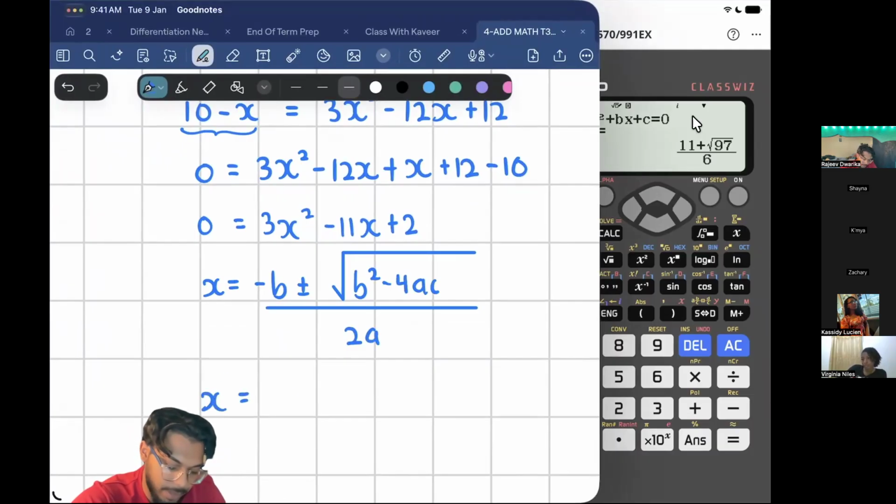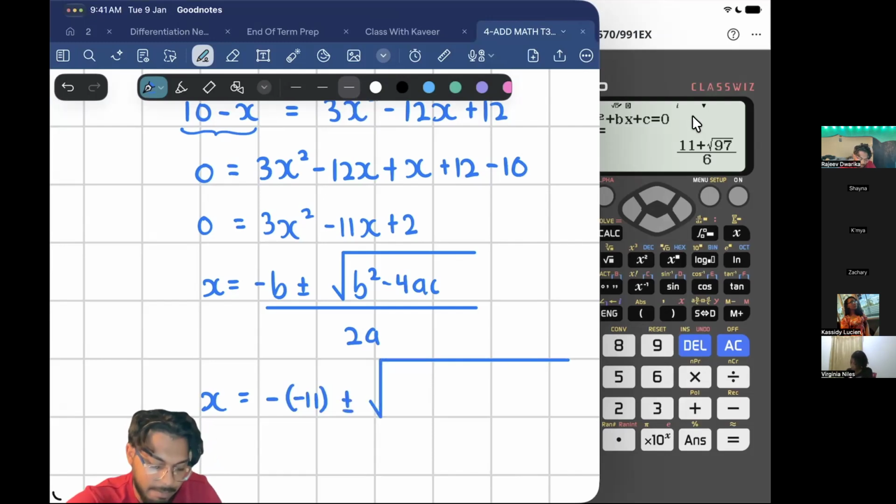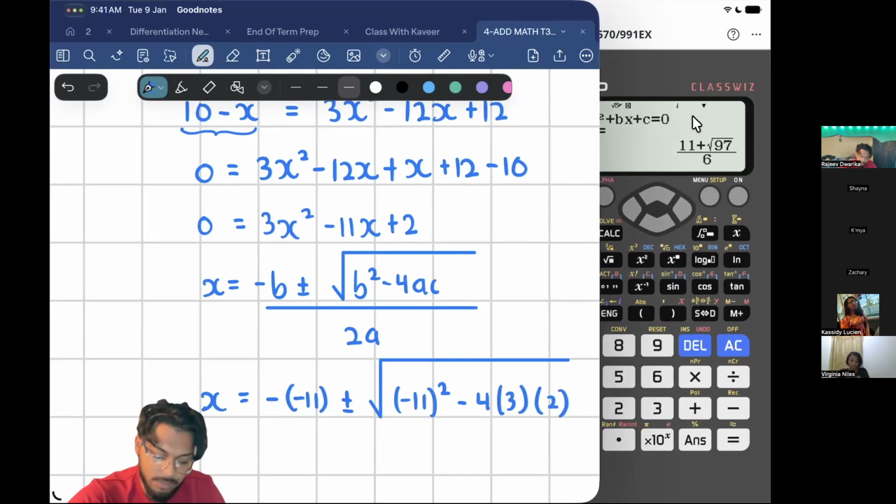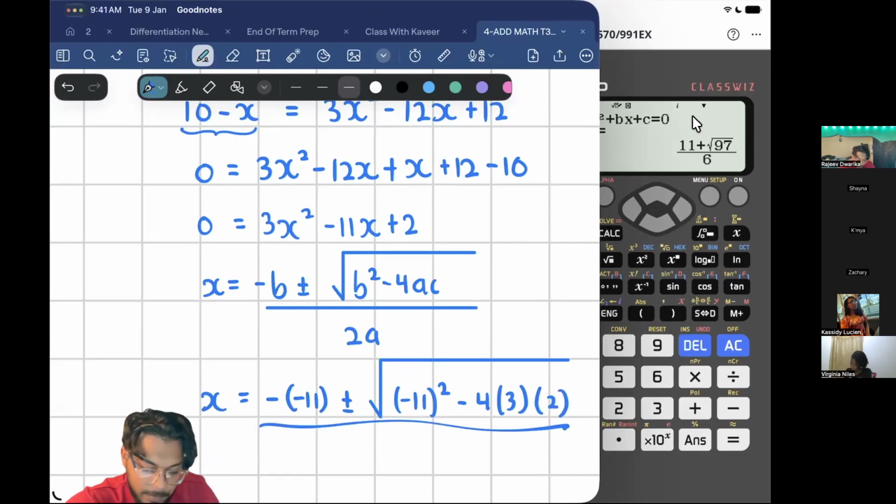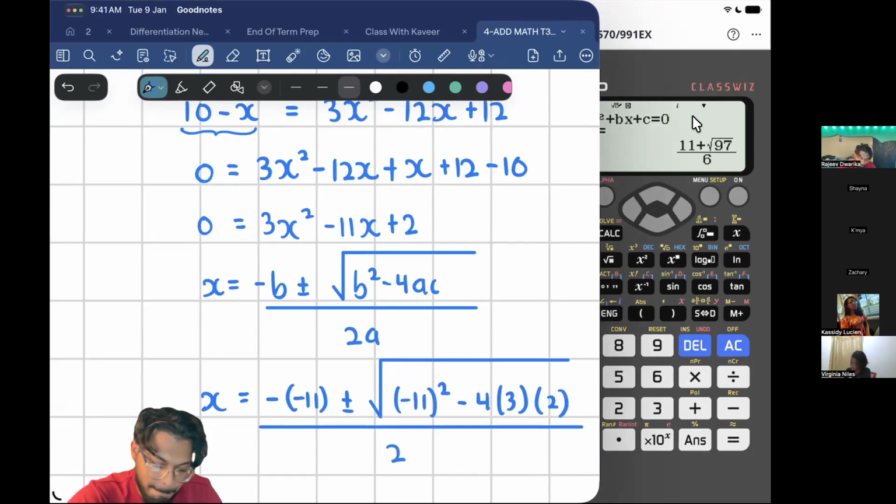B is minus 11, so I'll say minus minus 11, then b squared, minus 11 squared. If you are confused, A is 3, B is minus 11, and C is 2.